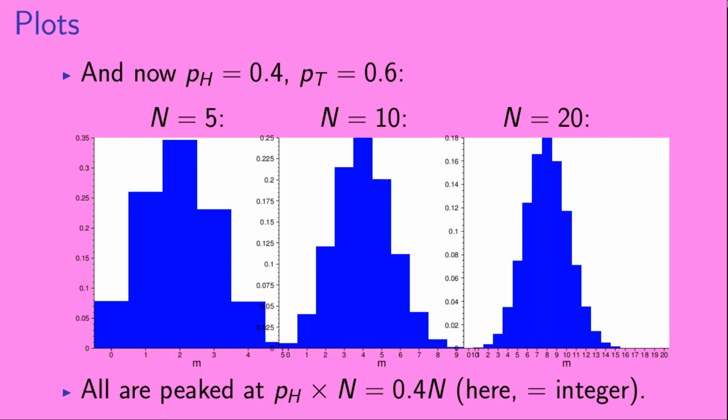You can also see that in this case, unlike the previous case where pH and pT were both equal to 0.5, there's a noticeable asymmetry in the distributions. Also, the asymmetry gets smaller as you go to larger n. So here we can compare the case where n equals 5 to the case where n equals 20, and we can see that the distribution for n equals 20 appears more symmetric.